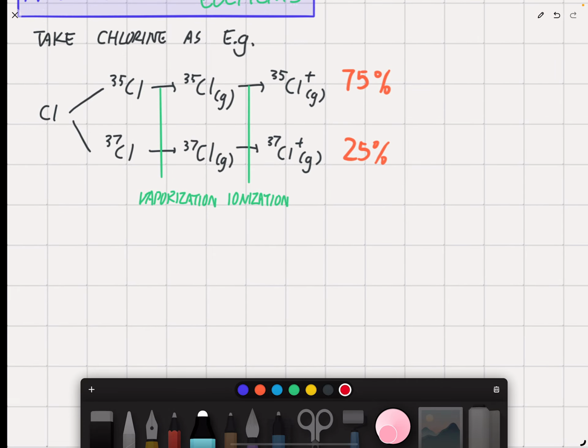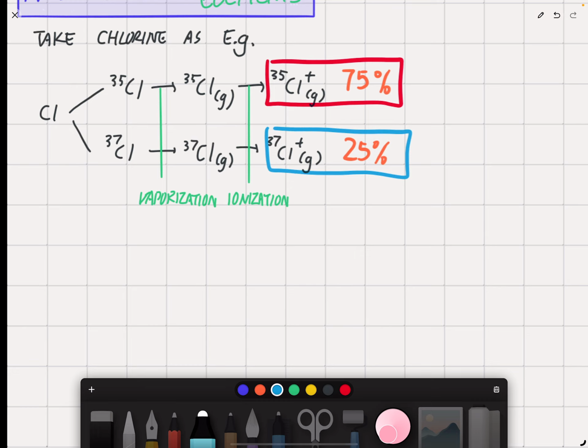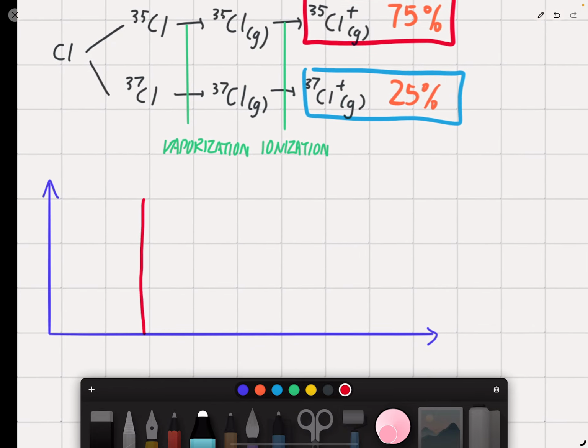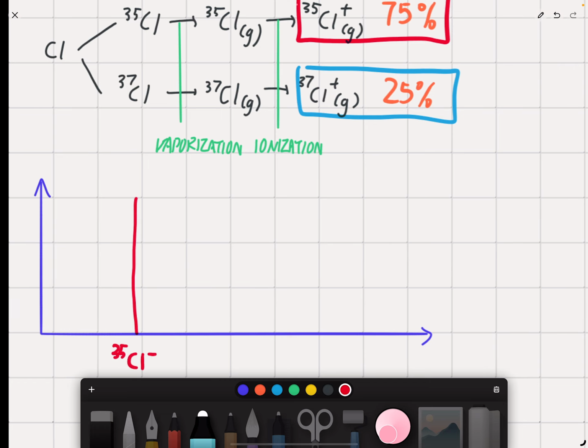With this information, we can then draw the mass spectrum. This is the mass spectrum of chlorine, showing only the ions coming from the atoms. We'll have a longer stick representing 35Cl+, and a shorter stick representing 37Cl+. The y-axis shows the percent abundance.